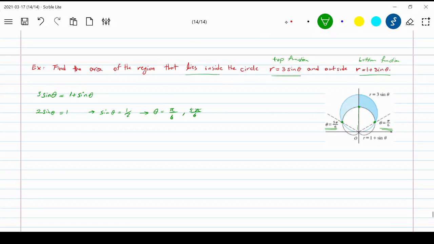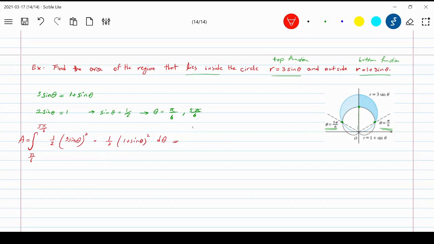So what we can do is, instead of integrating all the way, I can say let's calculate the integral. Instead of saying from pi over 6 to 5 pi over 6 for the area, it should be from pi over 6 to 5 pi over 6 of 1/2, r, which is 3 sine theta squared, minus the area of the bottom one, which is 1 plus sine theta squared, then d theta.